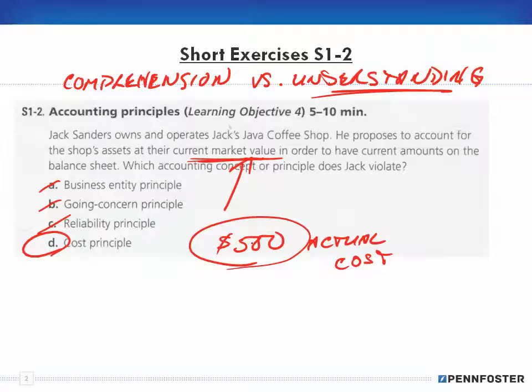Today the market value might be 500, but let's say six months from now it goes down to $450. That's the market value. Or think about an iPad, where version 6 comes out.